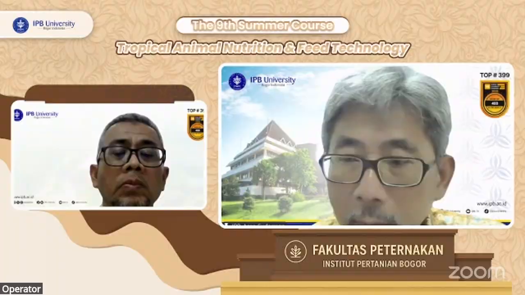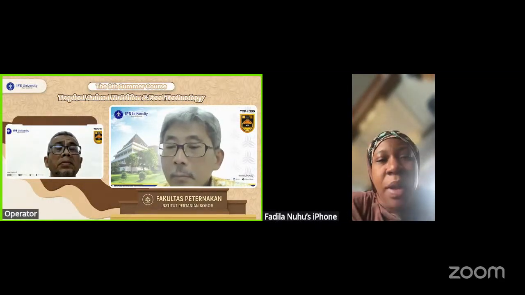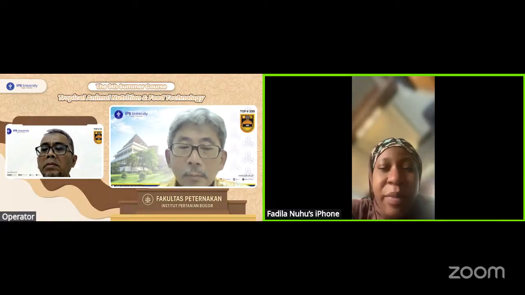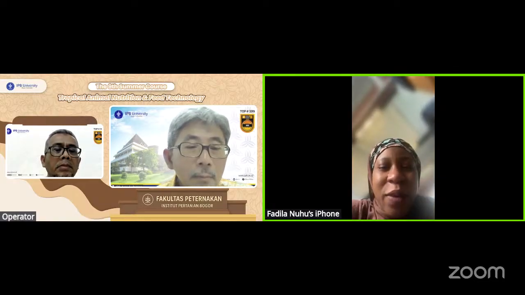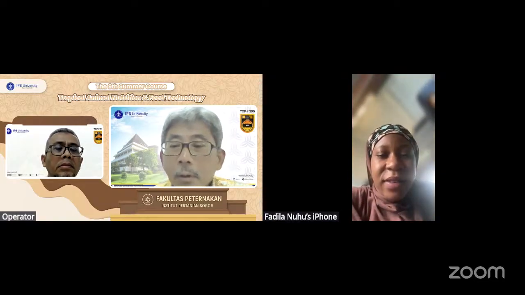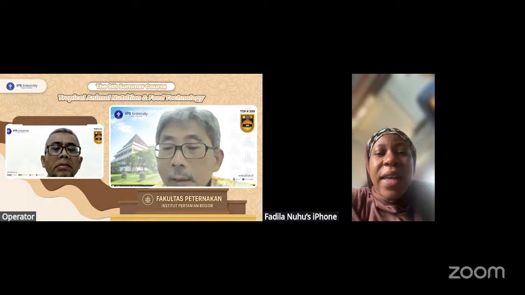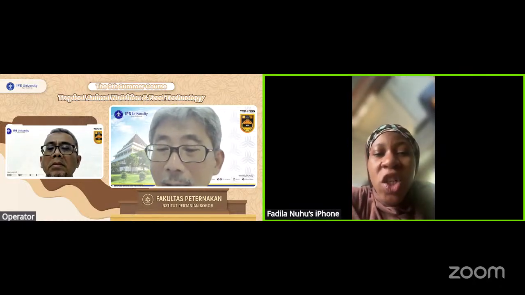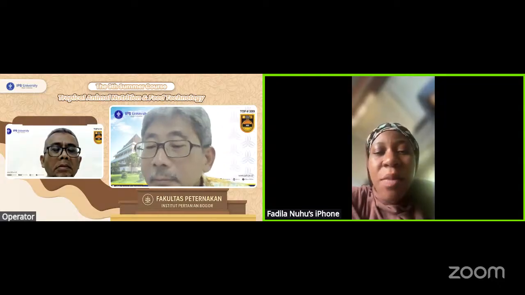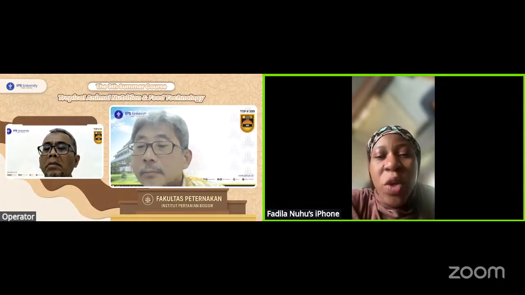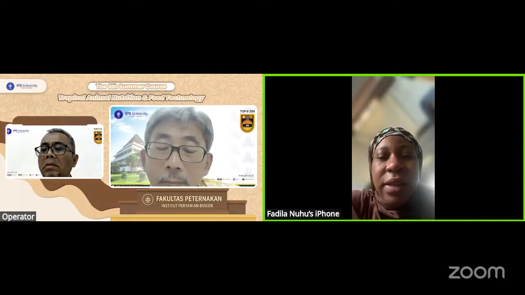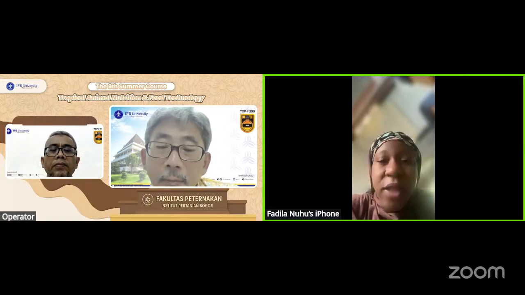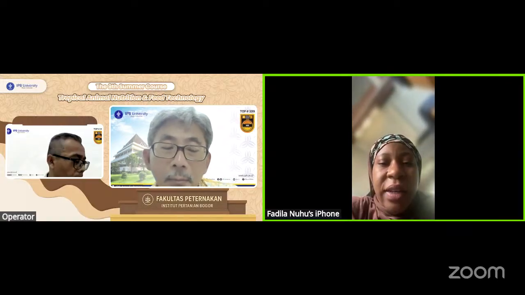And what is the maximum age for which you can keep these animals before replacement? What are the health issues?